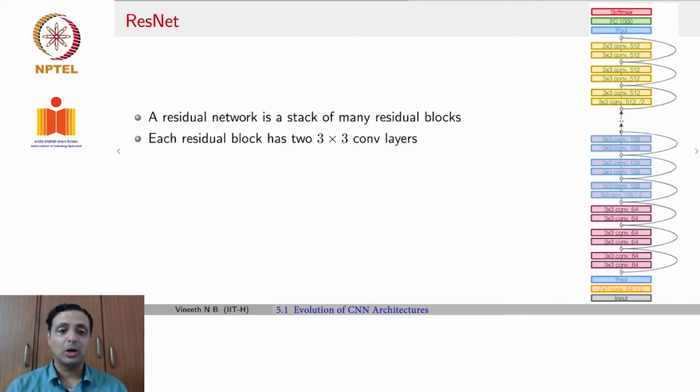So the way the residual network was designed is to have a stack of many residual blocks. Each residual block had 2 3x3 conv layers, as you can see, and then the X that came out of this, or whatever representation came out from this particular joint here, was directly passed on again to the output of those 2 conv layers, and this was repeated again and again over the blocks in the neural network.